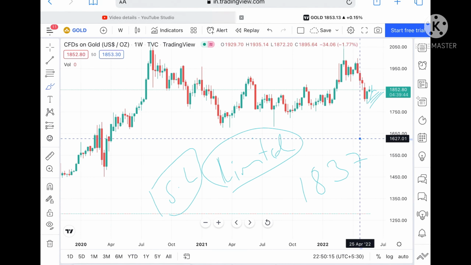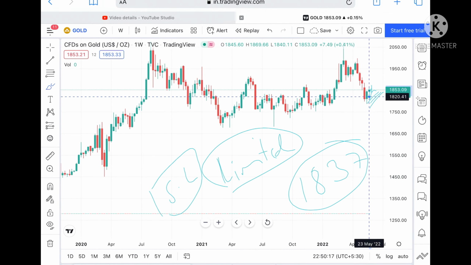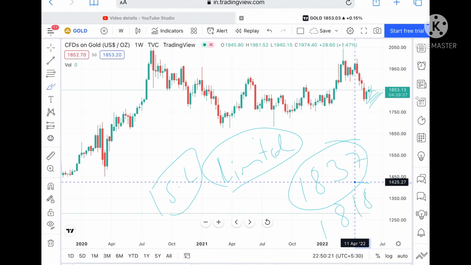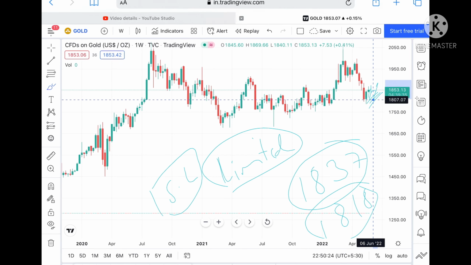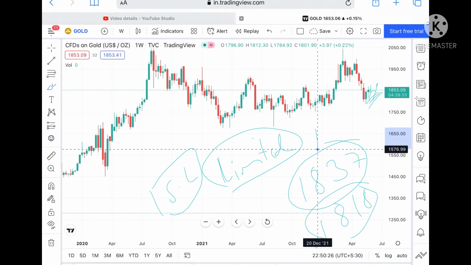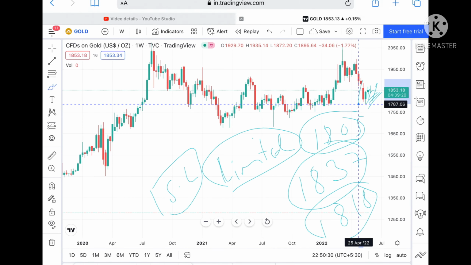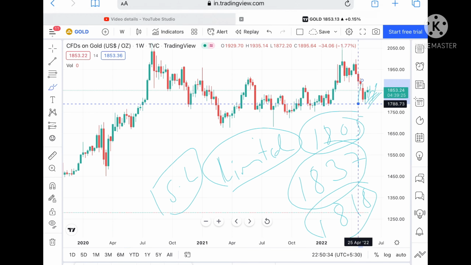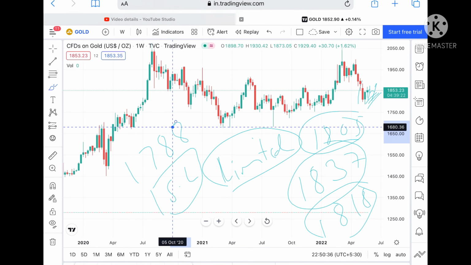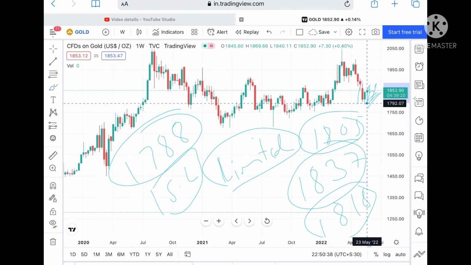Once the price goes below that level, it can go further down towards a level of 1818. If this level also doesn't sustain, it can move further down towards a level of 1805. Once it doesn't sustain that level, we can see a probability of touching a level of 1788.